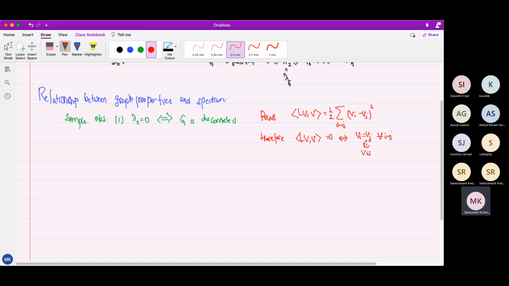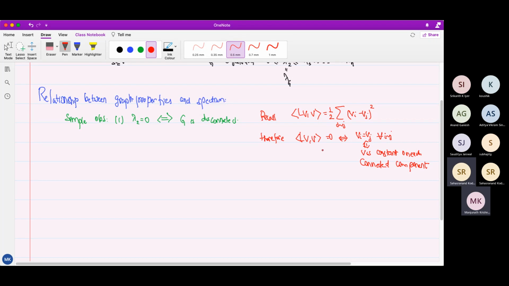This is the same as saying V is constant on each connected component. If any two adjacent vertices have the same value, then on each connected component you have one value. If the graph is connected, there is only one connected component, so there is only one such V, namely the constant one.